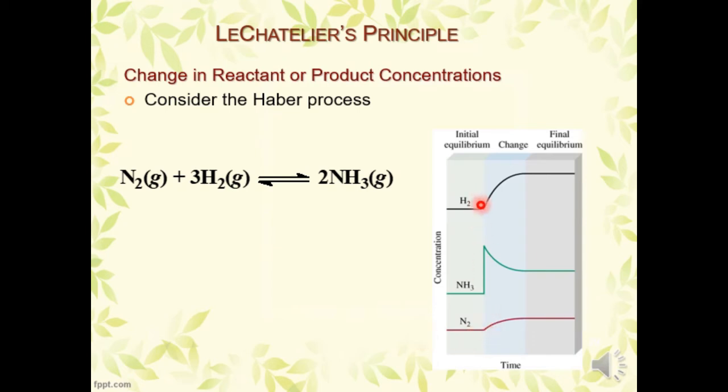Now, when we disturb the equilibrium, meaning we change the concentration of the reactant or we play around with the product, we will change the initial equilibrium to a new equilibrium.